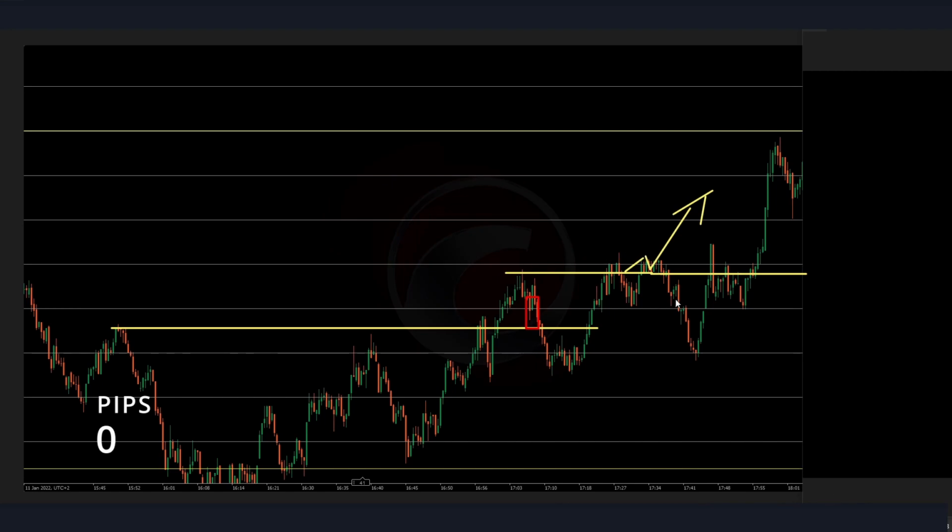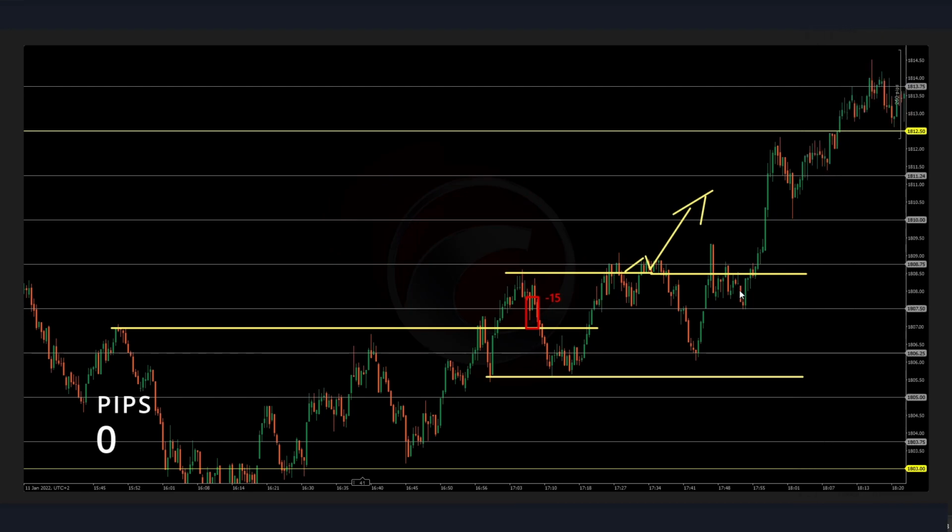Not really any entry point at these previous highs. What we could have is a retest of these lows. But so far coming with a single loss. Price will go up. We didn't have any retest of these highs. So yeah, that's pretty much it.